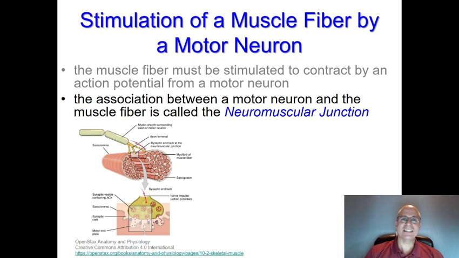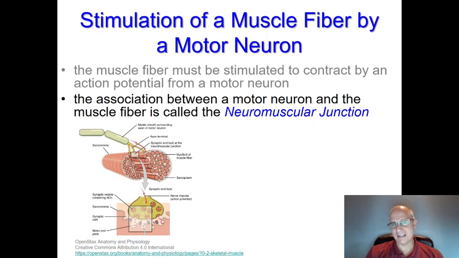Now, interestingly enough, where the motor neuron comes close to the muscle fiber, we've got an arrangement called the neuromuscular junction. And we call it this because the motor neuron doesn't actually physically touch the muscle fiber. There's actually a little gap called the synaptic cleft in between them.